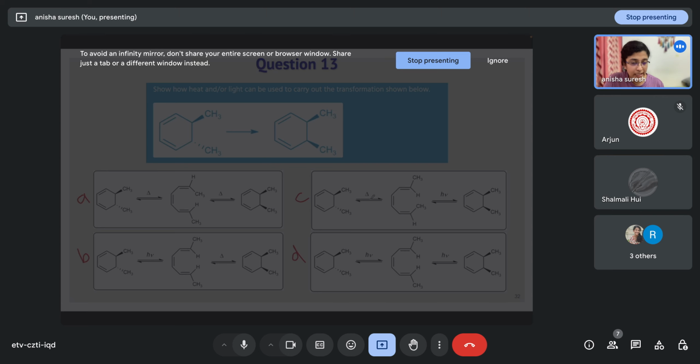So in case of C, if we are considering, this is 4n plus 2 delta, right? So it will follow disrotation. 4n plus 2 system, it is a 6 pi electron system. So disrotation means, we can consider this methyl is going outside. So we can consider the other way around.